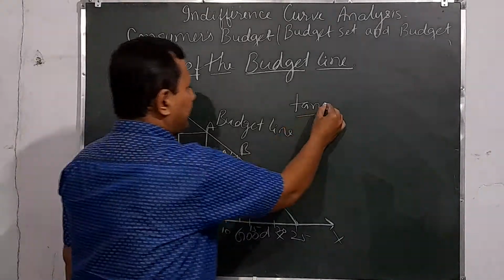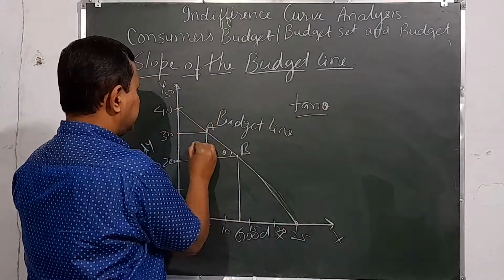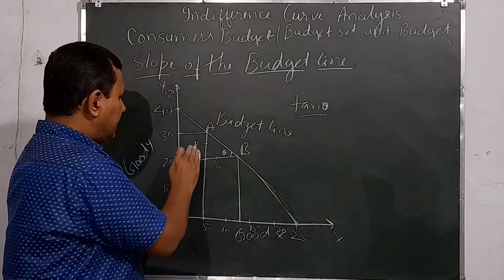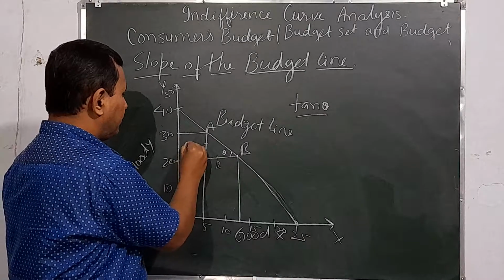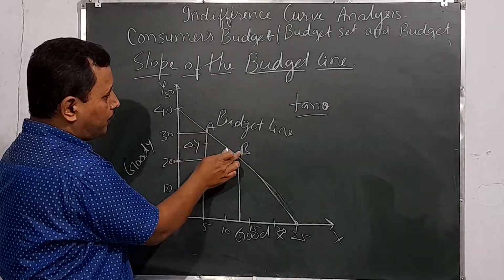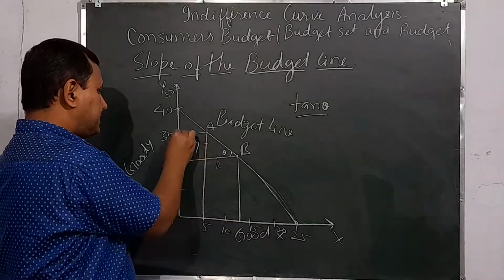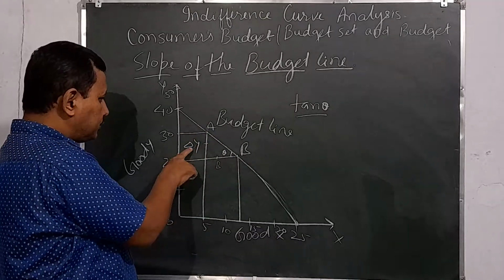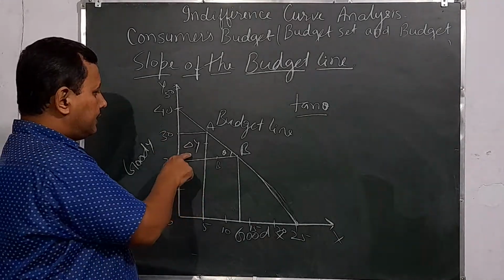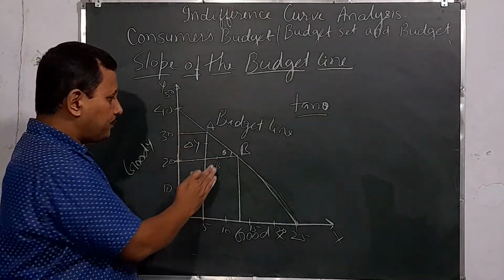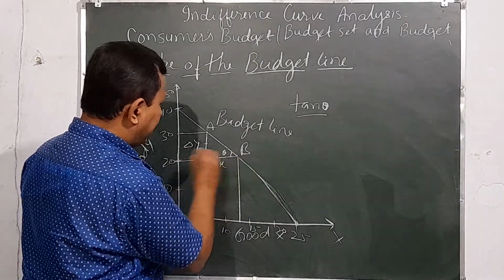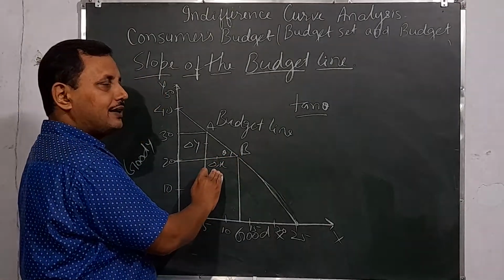This tan theta will be equal to the perpendicular upon the base. Here it will be delta y if we are moving from point A to B or B to A. This will be the change in y. Whatever change on the y axis is observed is denoted by delta y, and this will be the change on the x axis, represented by delta x.